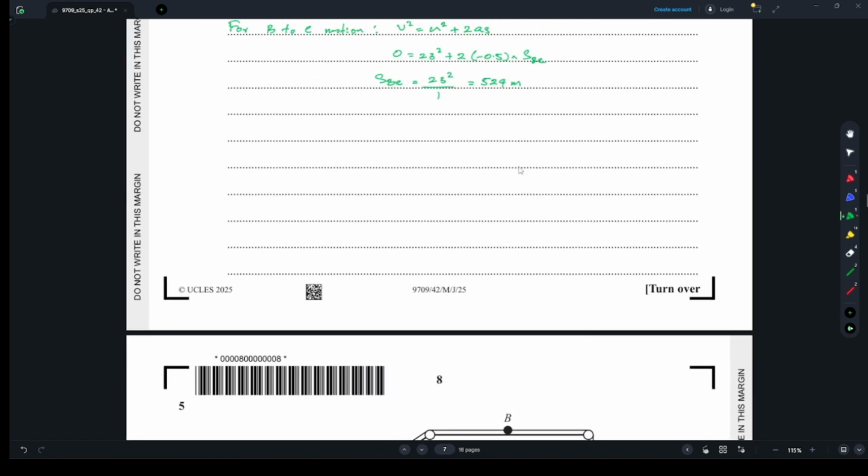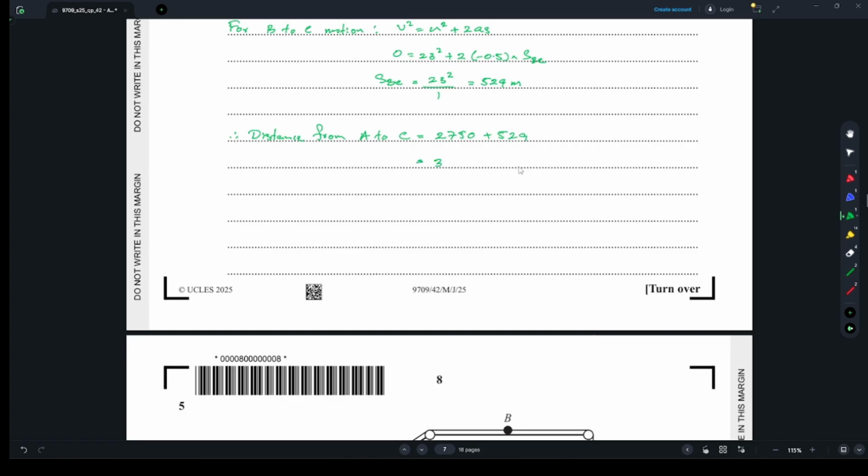Okay, therefore we can write distance from A to C. The previous A to B distance was 2750, plus here B to C is 529.